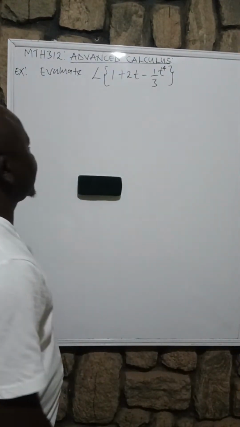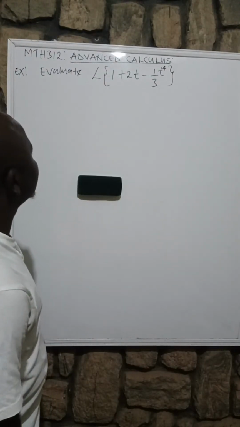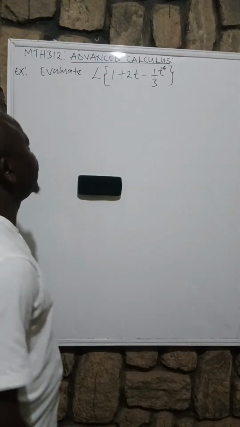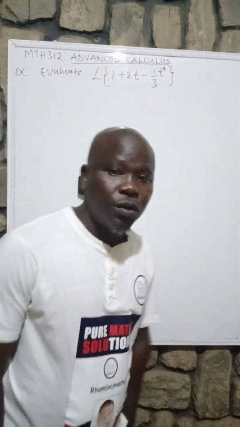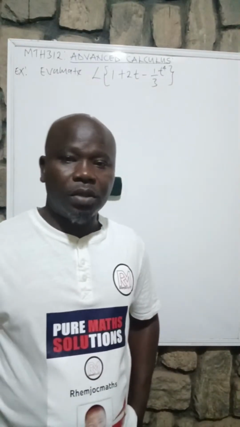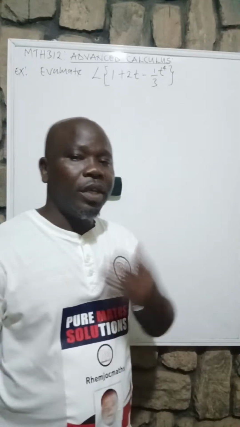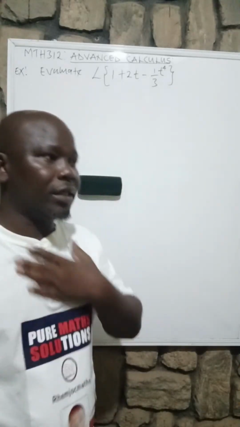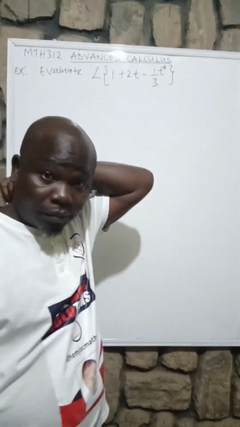Tonight we'll be looking at problems on standard Laplace transform. As long as you understand what we have done so far, the properties, because we'll be making use of the Laplace transform properties to solve this type of problem.